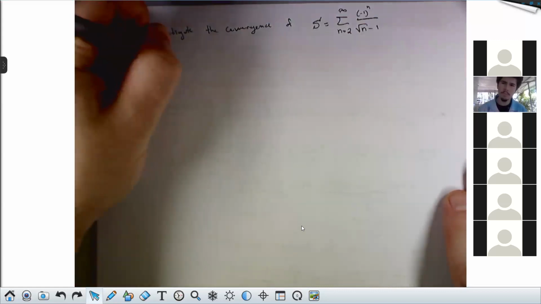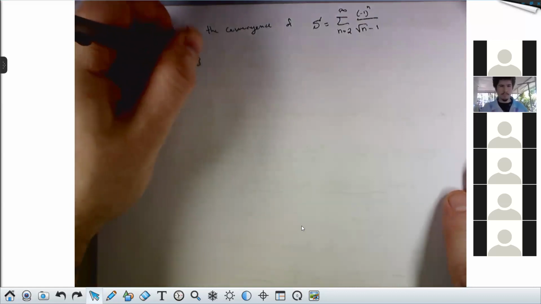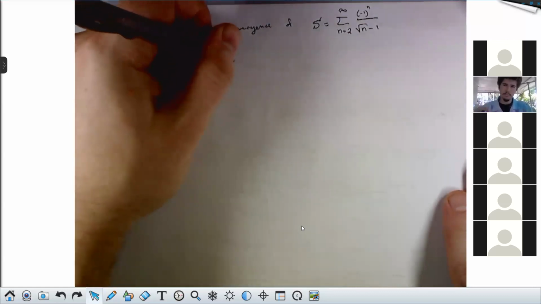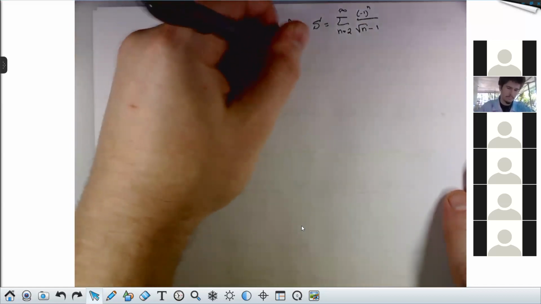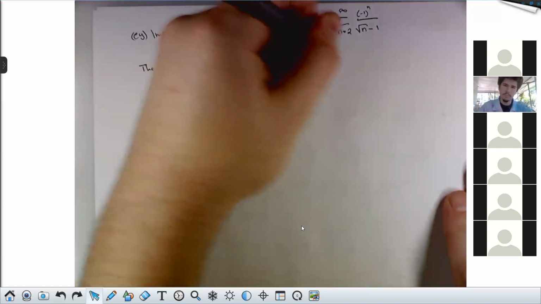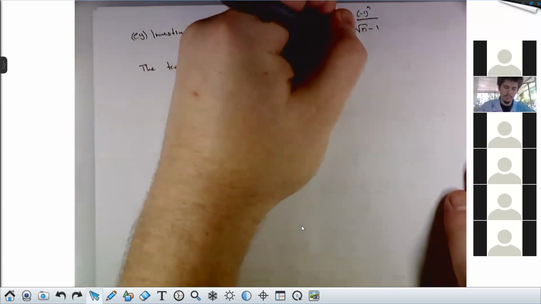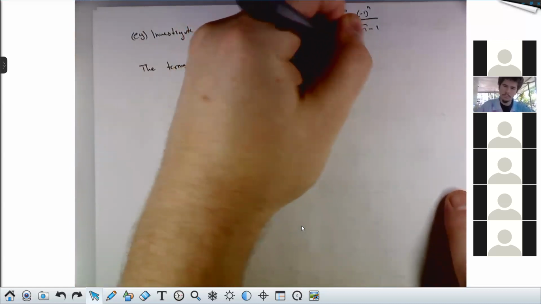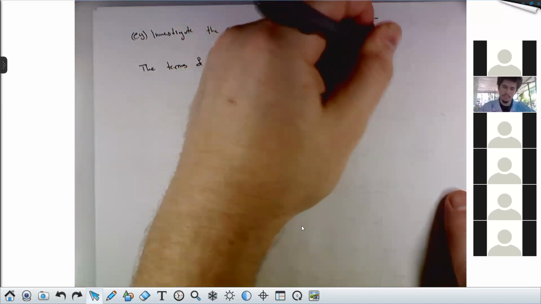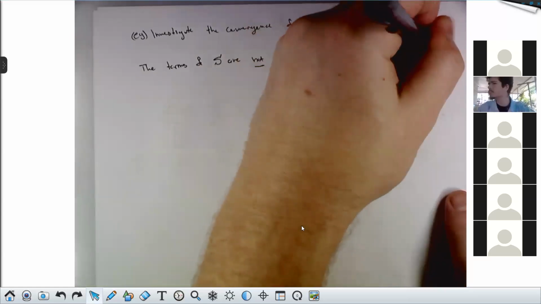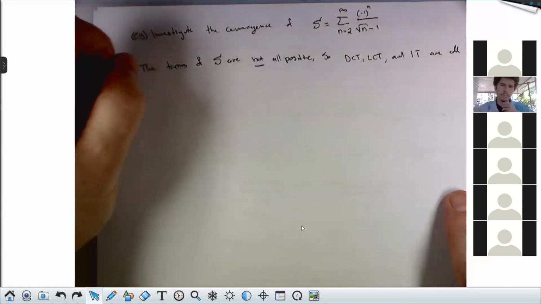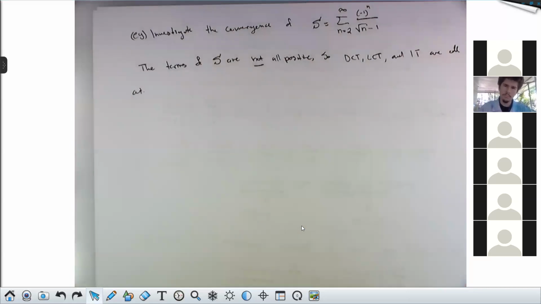Alternating series. Good. The terms here are not all positive, so we can't use DCT, LCT, or the integral test. This is an alternating series.